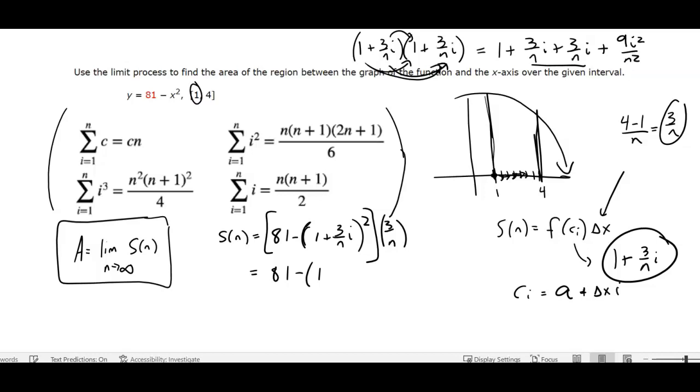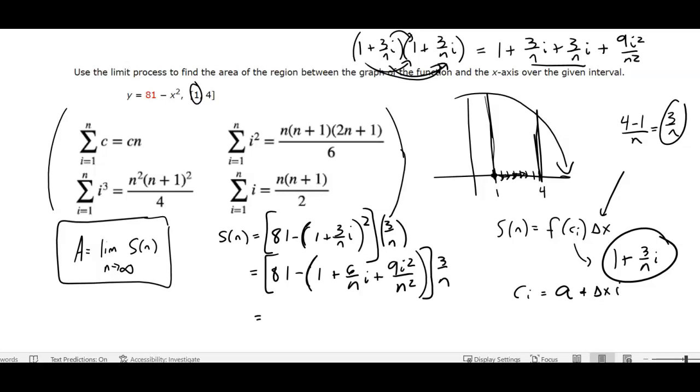So that's 3 over n plus 3 over n is 6i over n. And then that's going to be 9i squared over n squared times 3 over n times this whole thing, okay?